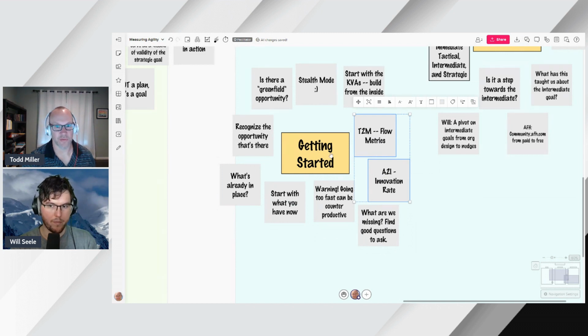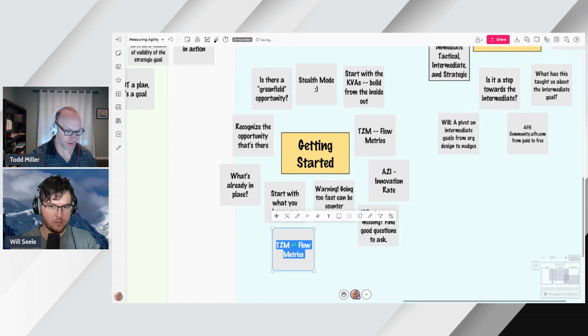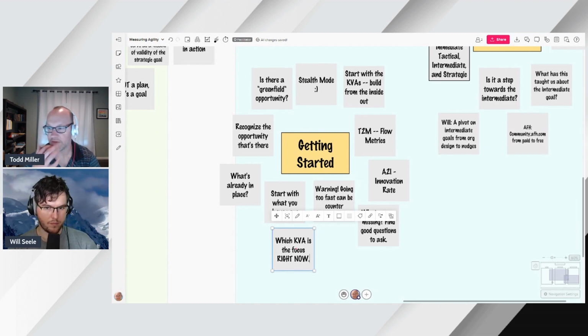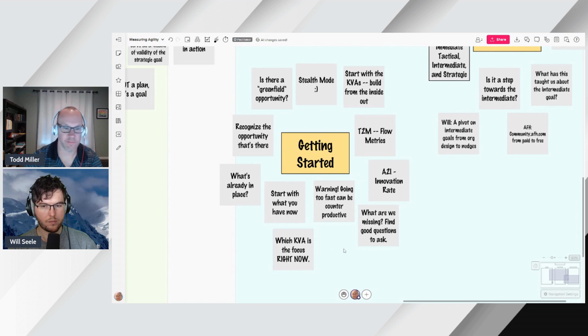Yeah. Right. And then so maybe another piece of advice is to figure out which KVA is the focus right now. I think I was mentioning this in the goals video, and most of the time there isn't balance, and I think that's okay. But where are we focused right now, and what are the consequences of that focus?